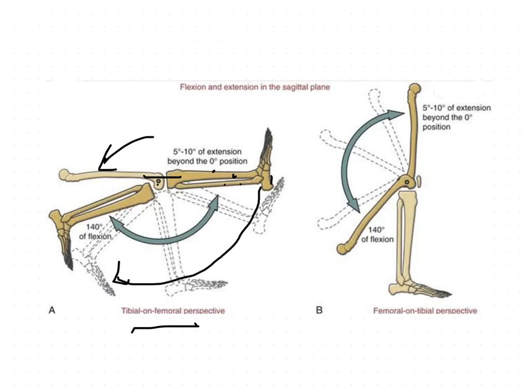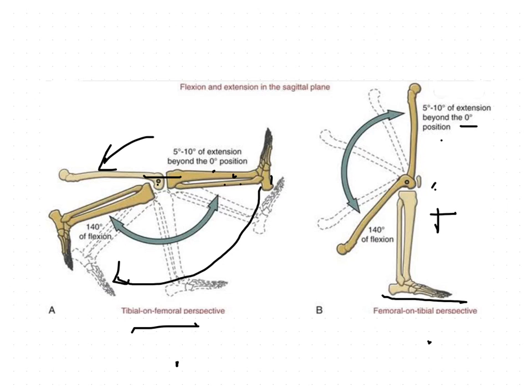Okay, tibia on the femur, in an open kinematic chain. Now here you can see it is fixed on the ground. Which one? Tibia. Here this is a closed kinematic chain. So the femur, again it is in extension.